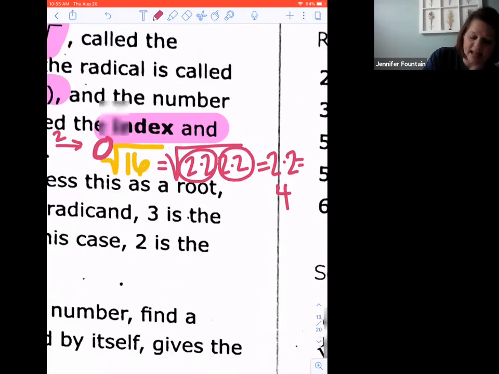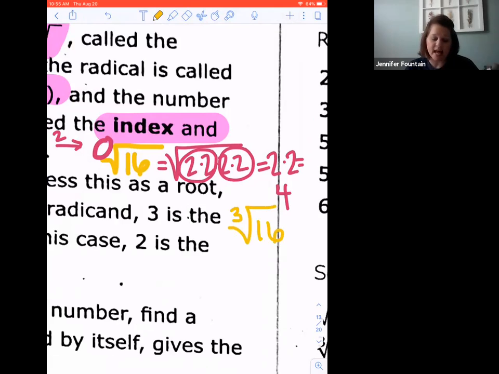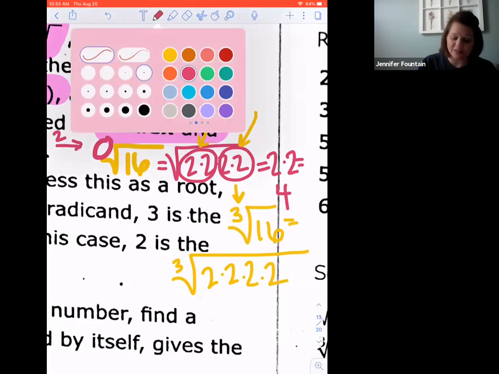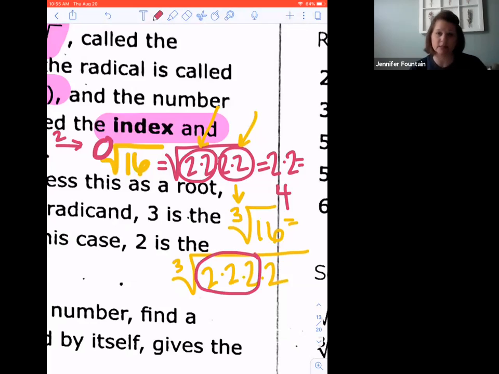Now, if I were to have the cubed root of 16, notice I have put a different number here. Earlier I had no number. I understood it to be 2. So that told me I have to have 2 buddies. If I did the same thing here with the cubed root, and I do my prime factors of 16, where I've got 2 times 2 times 2 times 2, same prime factors, but here I have to have 3 buddies for one whole 2 to come out.